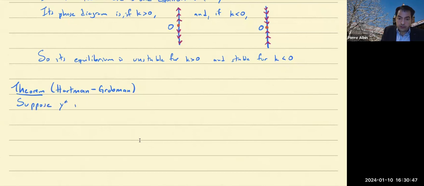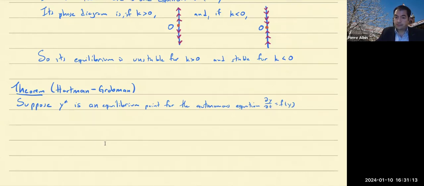And so this theorem says, suppose y star is an equilibrium point for the autonomous equation dy by dt is equal to f of y, right? So it's an equilibrium point, so f of y star is equal to 0.